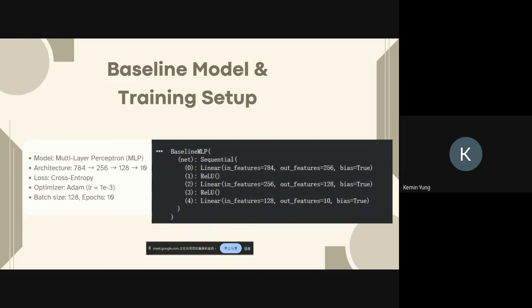The architecture goes from 784 input units to two hidden layers and finally 10 output classes. For training, I use cross entropy loss and the Adam optimizer with a learning rate of 0.001, a batch size of 128, and train for 10 epochs.